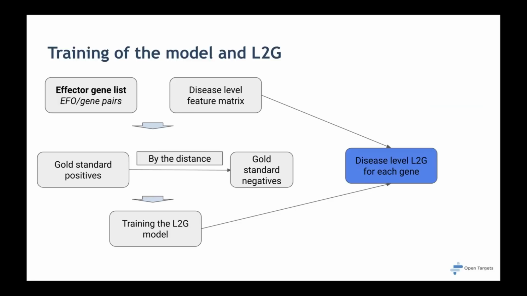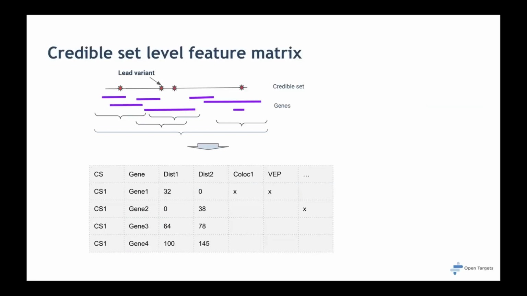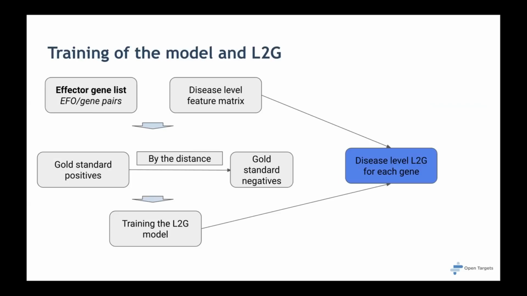We use XGBoost, and we call this model L2G, locus to gene score. This model can be applied to any gene, any credible set. You can apply it to the credible set level feature matrix and obtain this prioritization score. So that's simple.